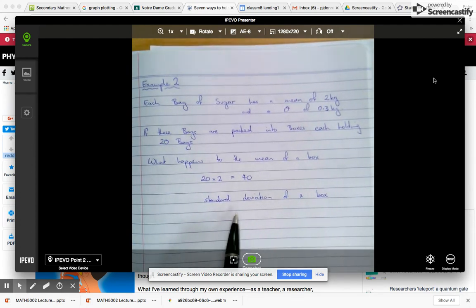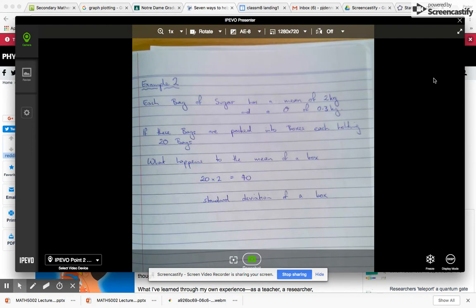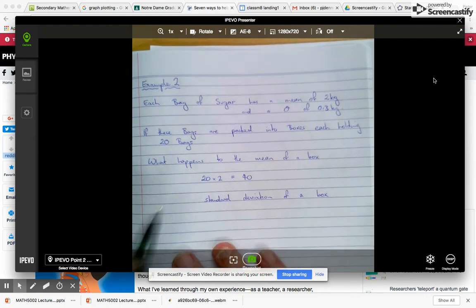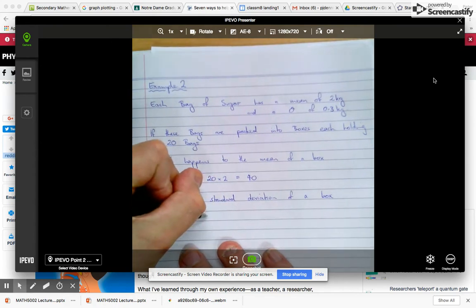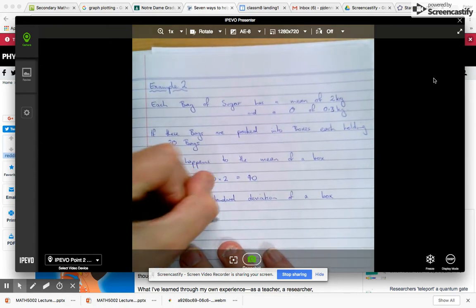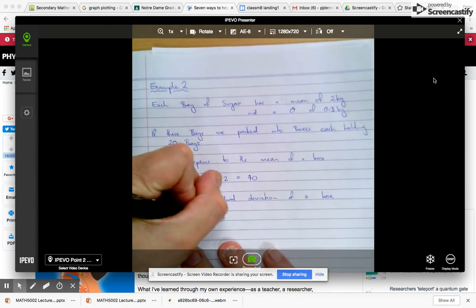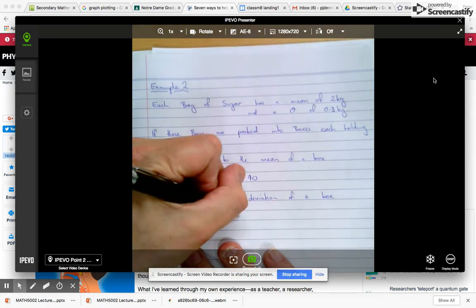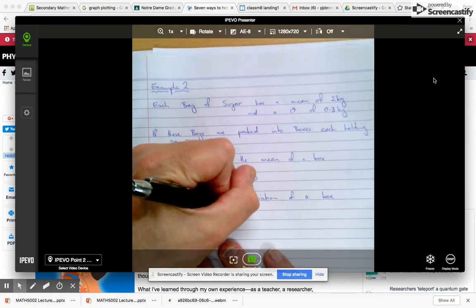What happens to the standard deviation? The standard deviation in this would get more, you'd become less consistent. The new standard deviation becomes 20 times 0.3, which is 6.